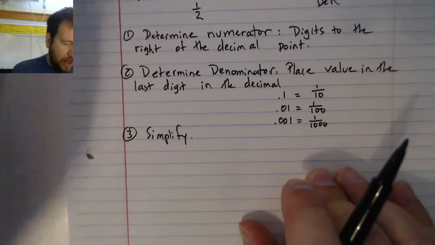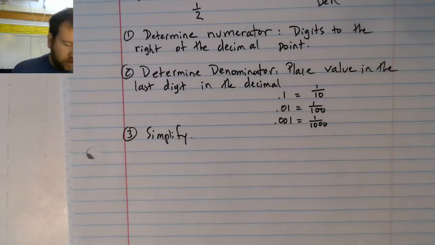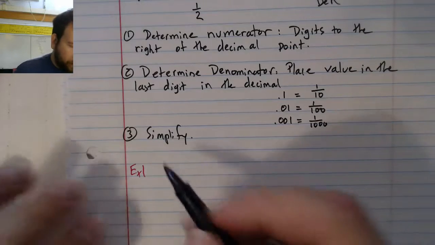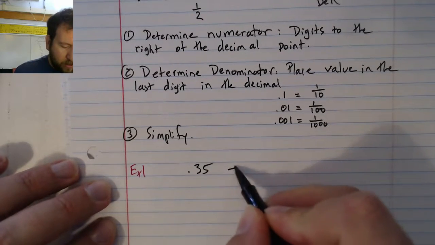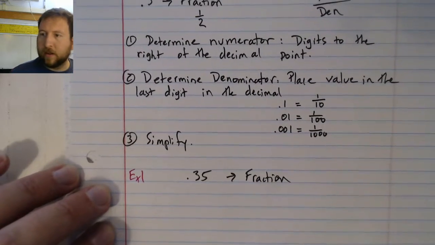I'm going to try to use my new colors. Example 1, we're going to take 0.35 to a fraction. Our steps go like this.